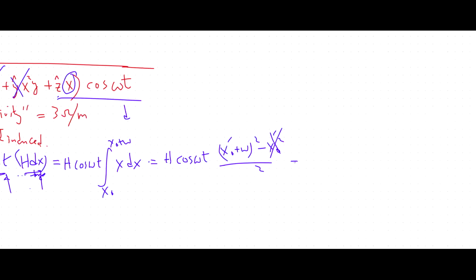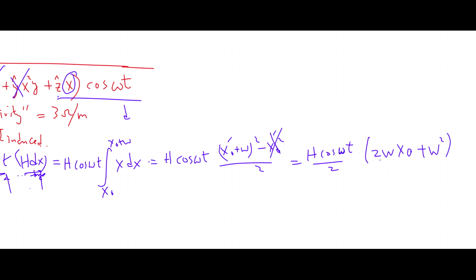And then I have 2w x naught plus w squared, right? The x naught squared cancels. I tried to write the omega better so it would not look like a w, but sorry about that.